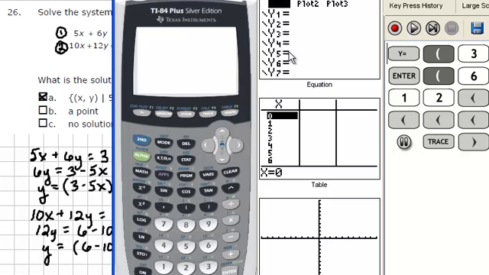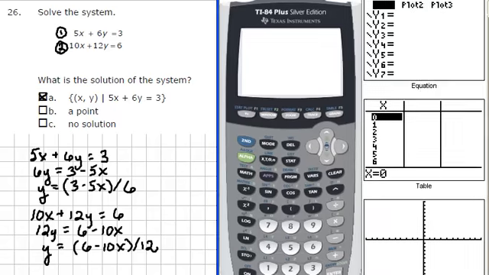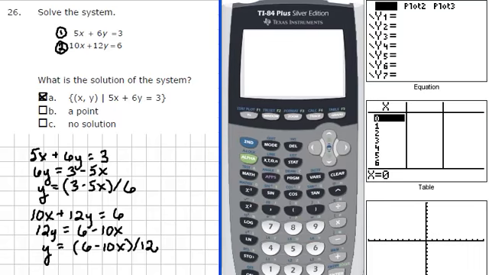So now on our calculator, the first thing we'll do is to go to y equals, and we'll enter the first equation, the quantity 3 minus 5x divided by 6.